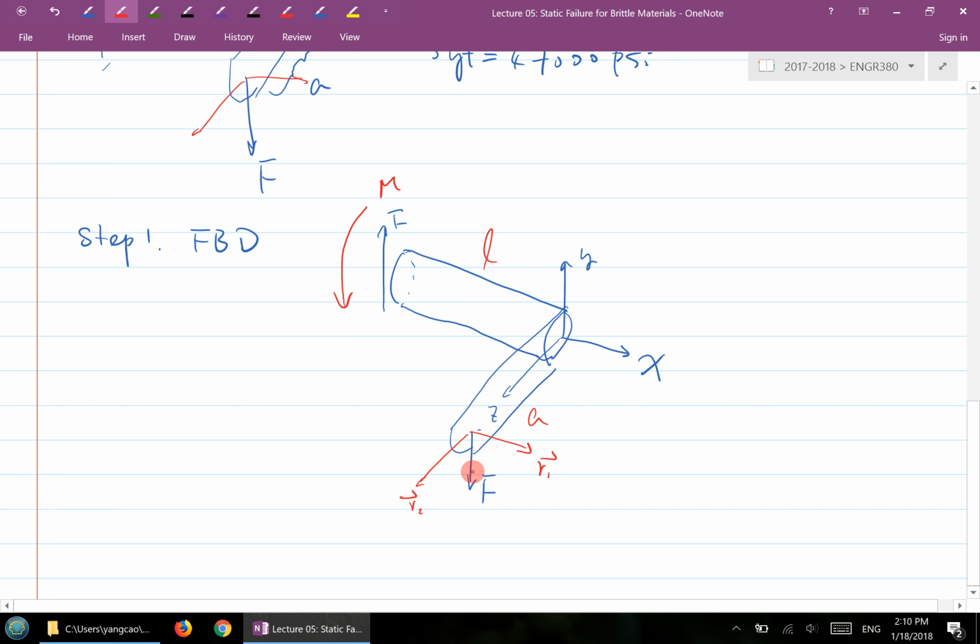And then F times A, R2 cross F, will try to cause this rod to rotate like this, so you have a torque trying to do this direction.